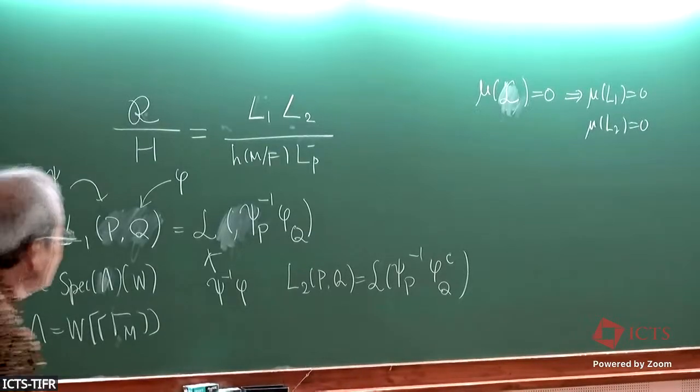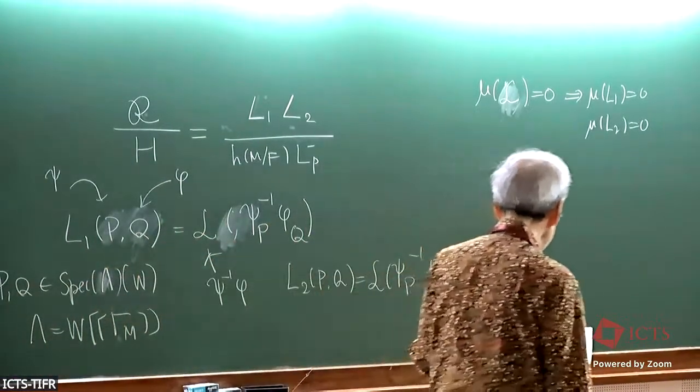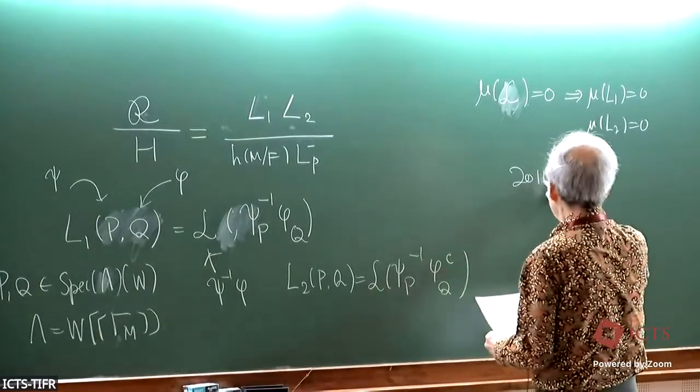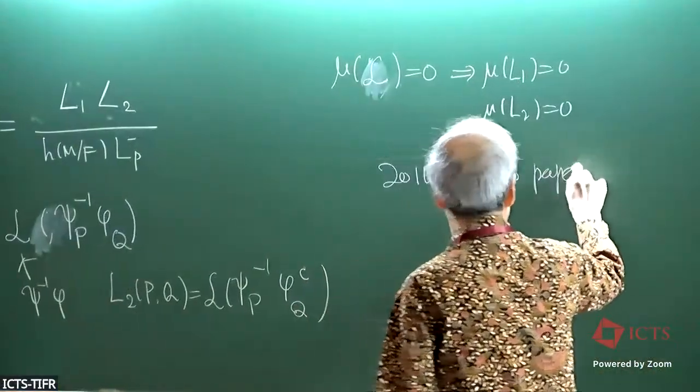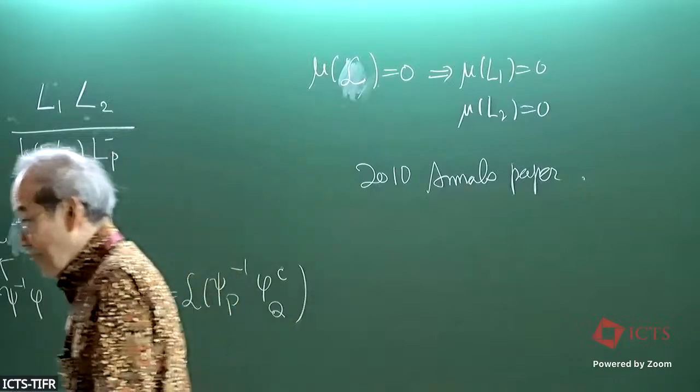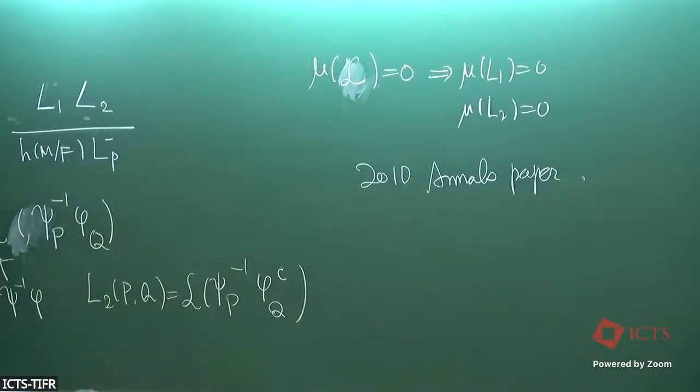I did two things, a little bit of explanation. 2010 Annals paper. I actually got an idea in about the year 2000 for this stuff. And I actually gave a lecture in Taiwan, Hsinchu, at the Taiwan version of this kind of institute.